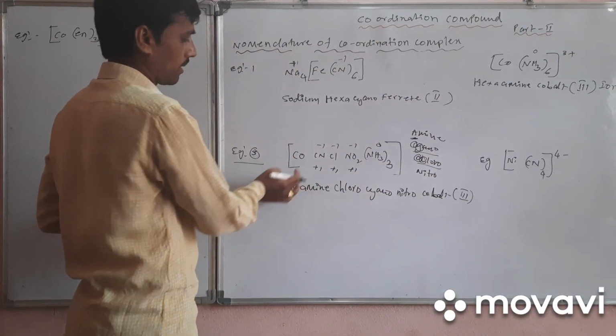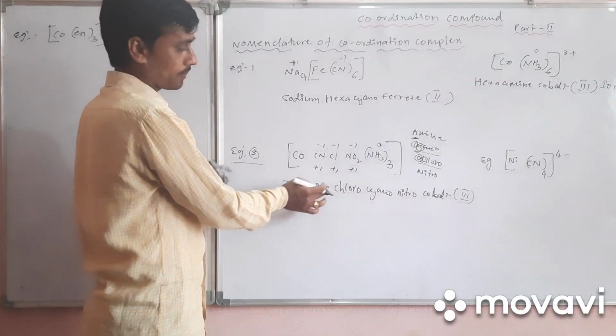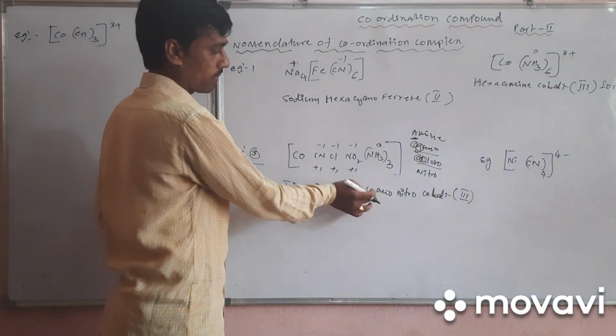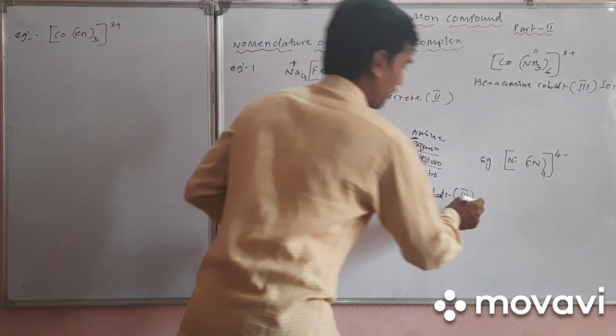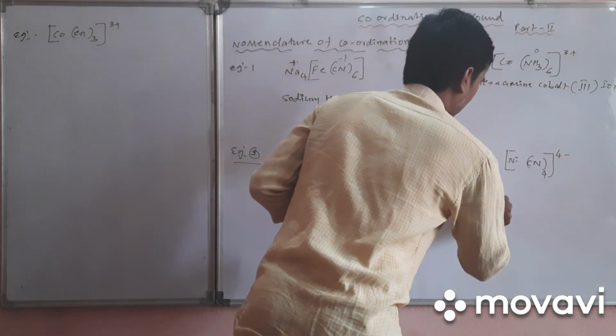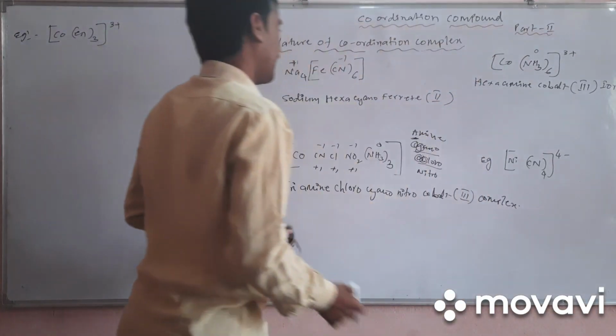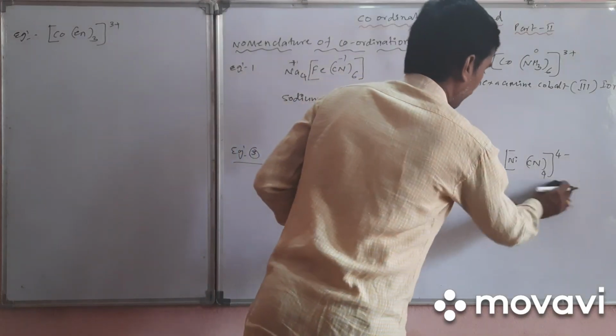The complex name is triamminechlorocyanonitrocobalt(III) complex.